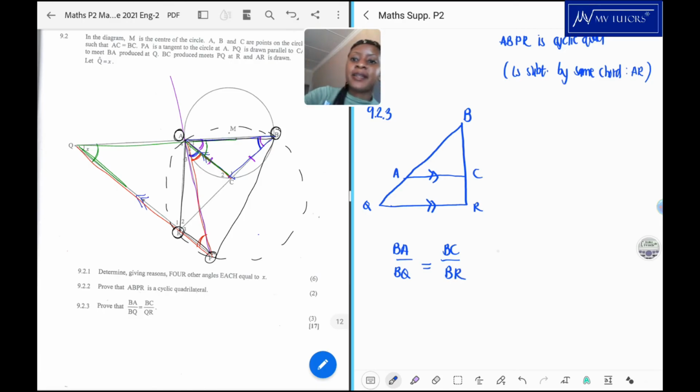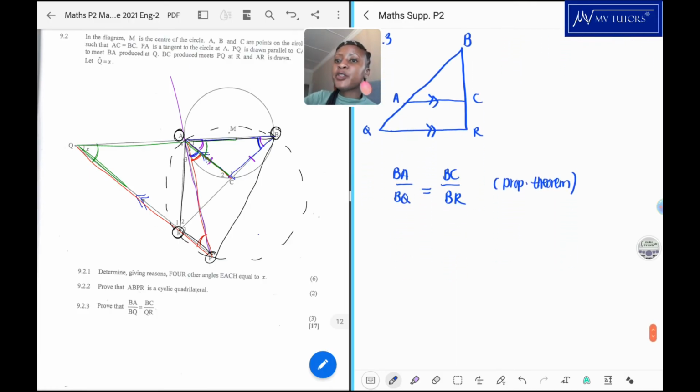Okay, and that is due to the proportionality theorem. So I can see we have BA, we have BQ, we have BC, but now QR. So how can we then show that BR is equal to, so here's BR. How can we show that BR is actually equal to QR?